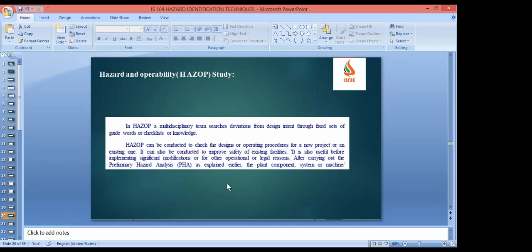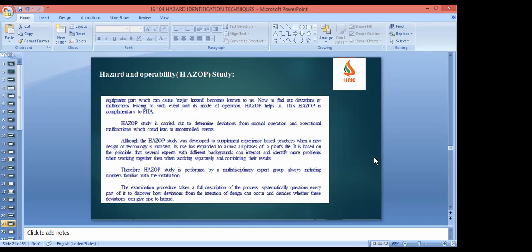And after carrying out a preliminary hazard analysis (PHA), as explained earlier, for the plant, component, system and machineries, they can do this hazard analysis in the design phase or implementation phase also.